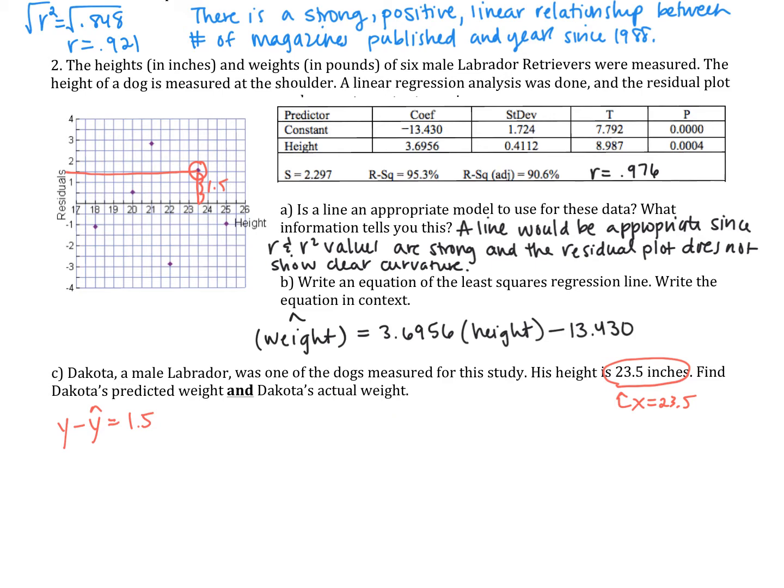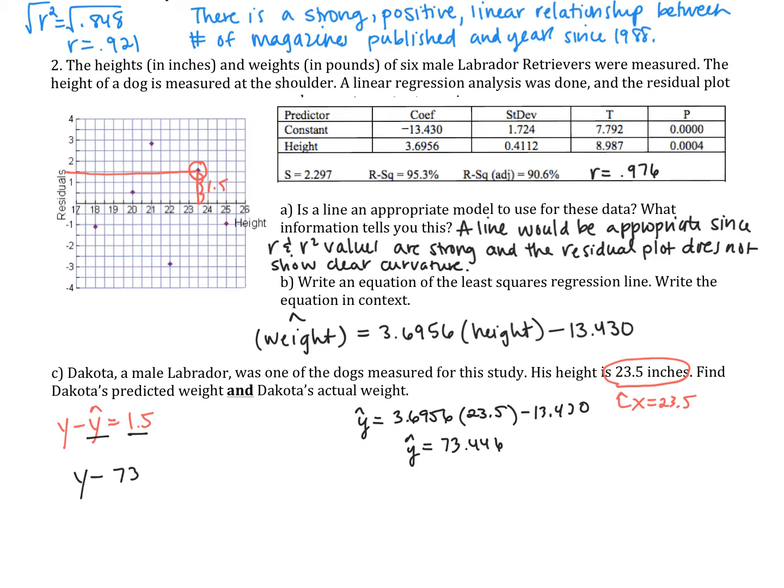Okay, so in order to find his predicted weight, I have to plug my x value of 23.5 into my equation. So his predicted weight is y hat equals 3.6956 times 23.5 minus 13.430. And I get out that the predicted weight is approximately 73.446. Okay, so I know the residual is 1.5, and now I know the predicted weight is 73.446.